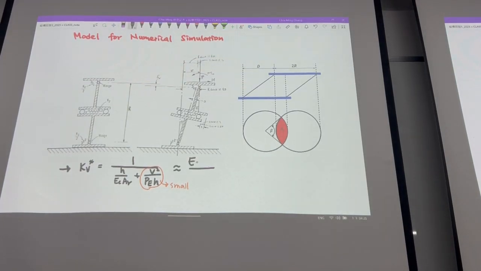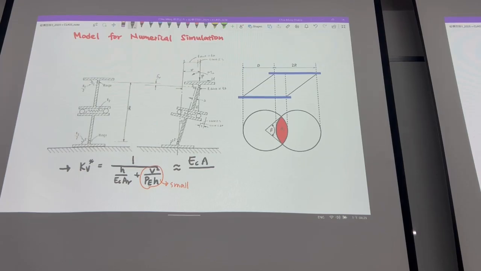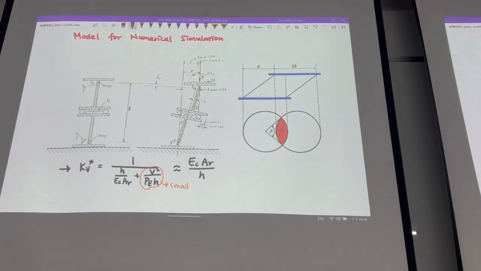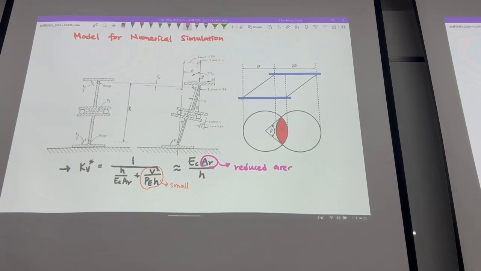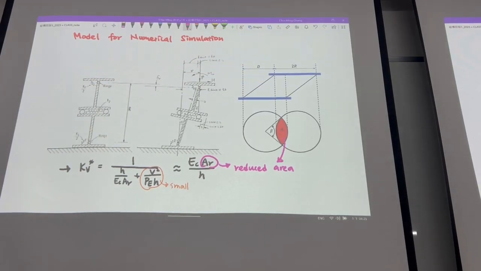So it will be EC times AR divided by H. So this guy is the reduced area. That's this red.